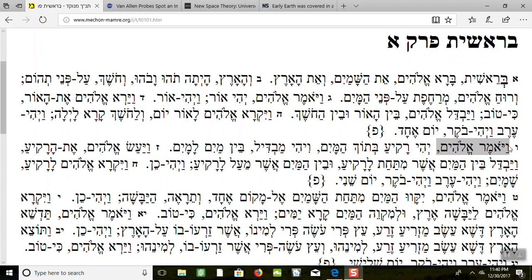Okay, and the verb is Vayomer. The yod makes it masculine, singular, and it should be understood in the third person. So essentially, it says the divine power or God or He said, and so Elohim now goes from being plural to singular because of how the verb is being used.